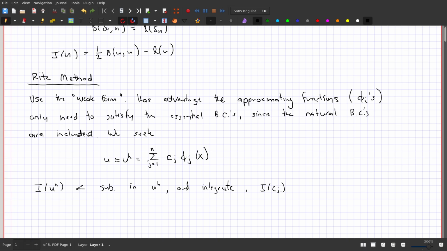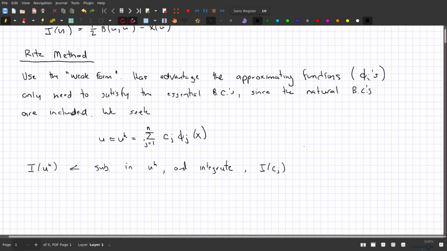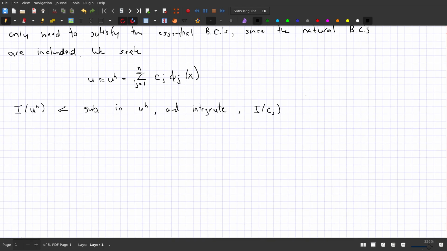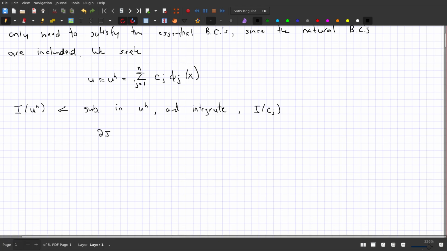And now if you want to minimize a function, what do you do? Take the derivative with respect to the unknown coefficients and set them equal to 0. That's just a problem from calculus. So we take the partial derivative of I with respect to the unknown c_j's, set them equal to 0, and solve the system of equations.